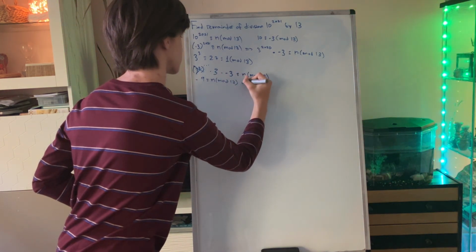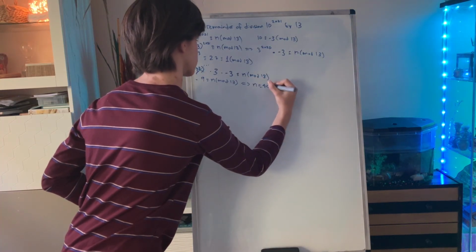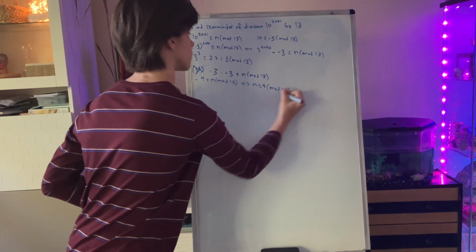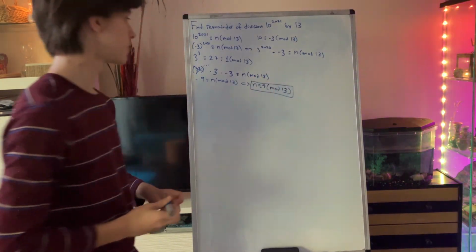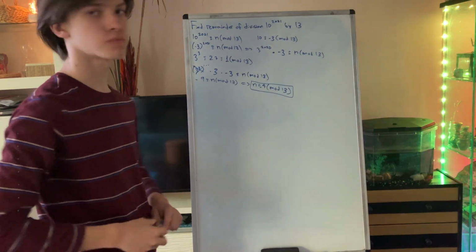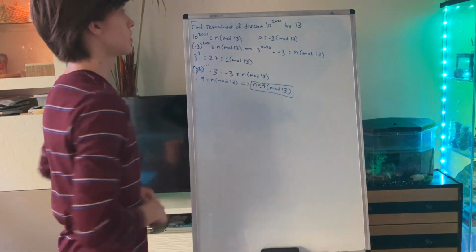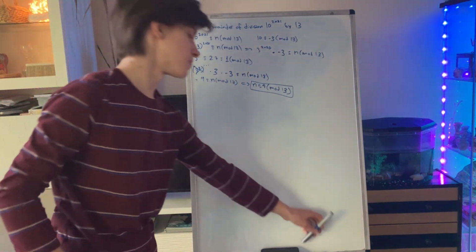So that means n is congruent to 4 mod 13. And that is our answer. n is 4. The remainder of division by 13 of 10 to the power of 2021 is 4.